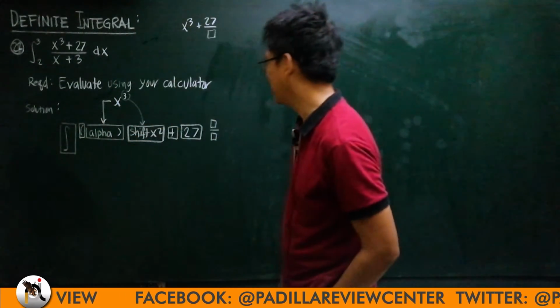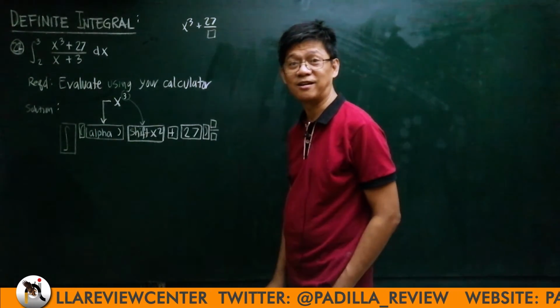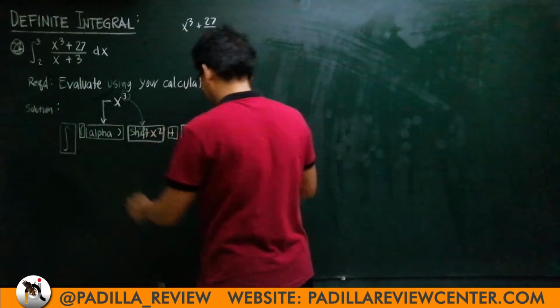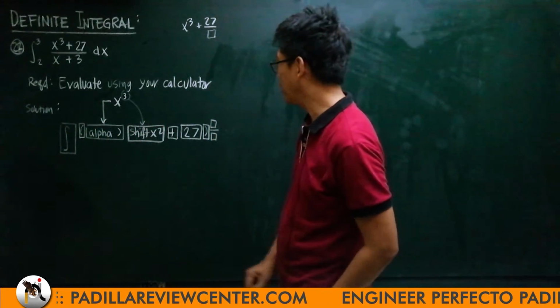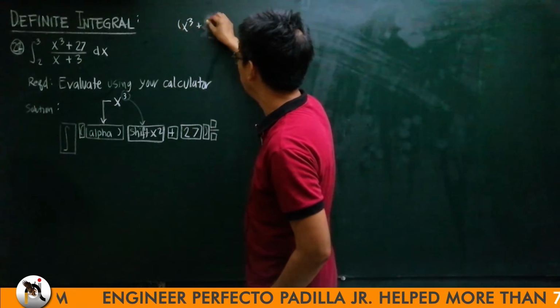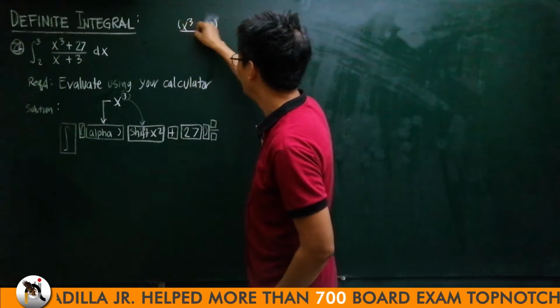Okay? Then, before pressing here, press the close parenthesis here, so that the entire thing will be considered as 1. Then, press the fraction key. So, what will appear is x cubed plus 27. There is an open close parenthesis over.